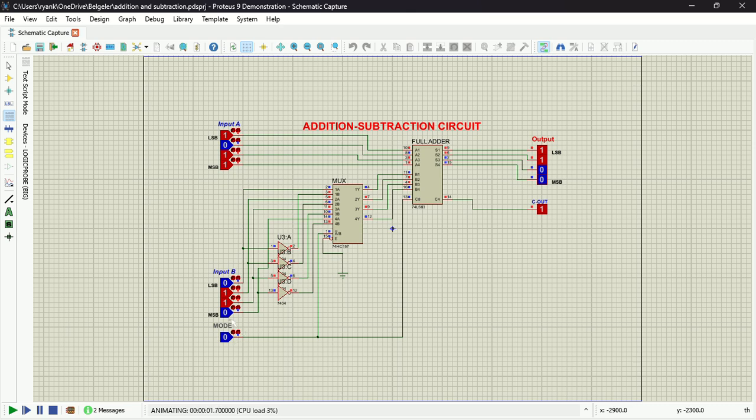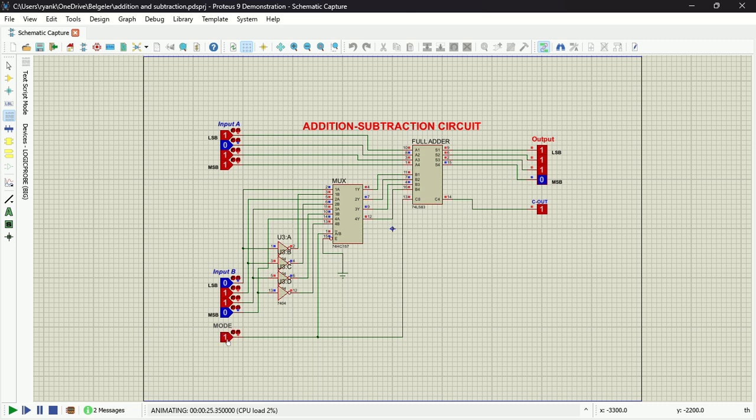Again, since our mode is set to 0, this means that this is an addition operation. And since this is addition, we have to consider the carry output. So in this case, I'm going to have 1, 0, 0, 1, 1, which is 19. If I switch the mode to 1, that means I'm going to have a subtraction operation, 13 minus 6.